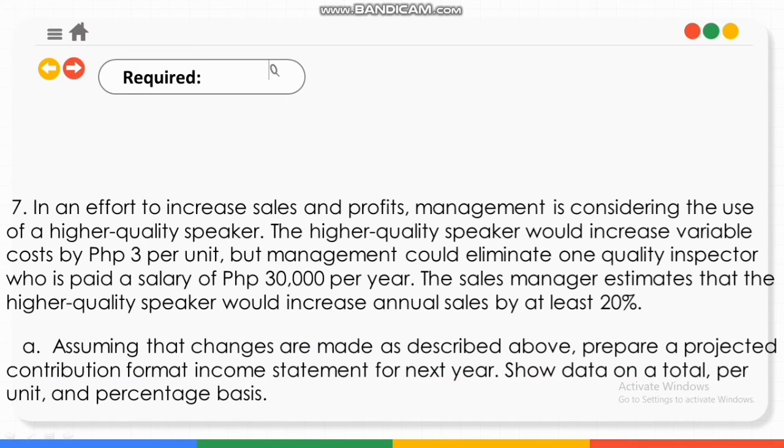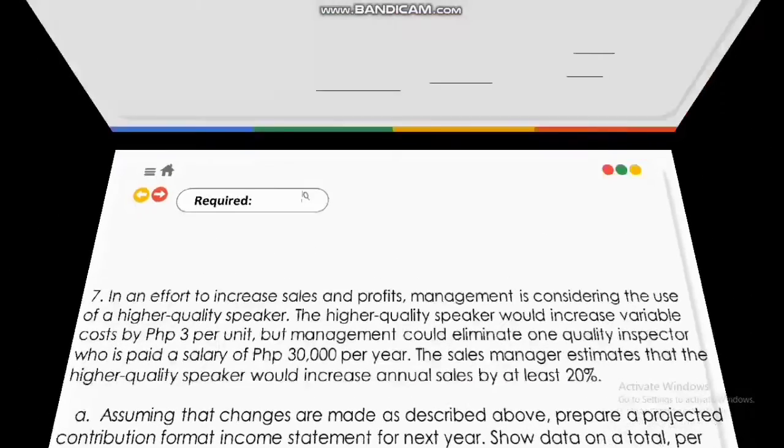The sales manager estimates that the higher quality speaker would increase annual sales by at least 20%. So A, assuming that changes are made as described above, prepare a projected contribution format income statement for next year. Show data on a total, per unit, and percentage basis.